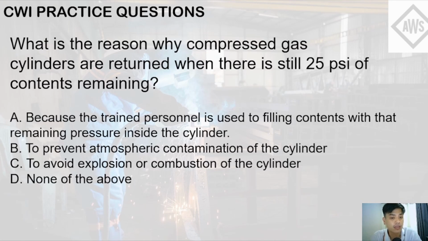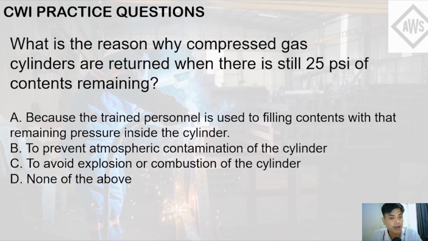Letter B, to prevent atmospheric contamination of the cylinder. This is a good answer because if you have pressure contained in that cylinder, the atmospheric gases will not be able to enter it, because the pressure of the atmosphere is what? 14.7 psi. So it will not be able to contaminate the contents of the cylinder. Letter C, to avoid explosion or combustion of the cylinder.